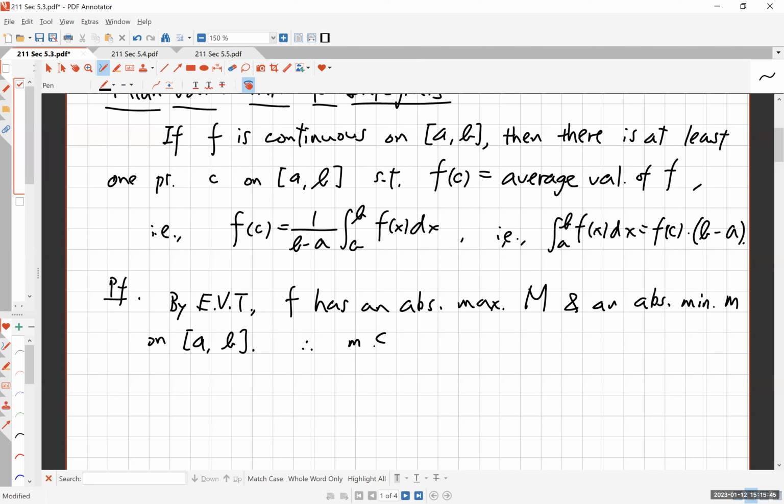That is to say, lowercase m is less than or equal to f of x, less than or equal to capital M for all x in [a, b].